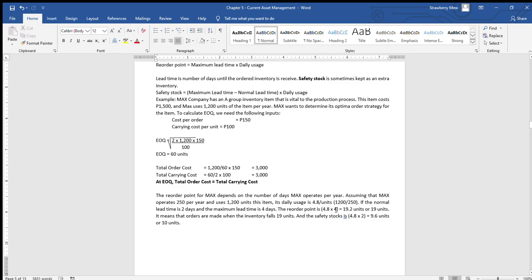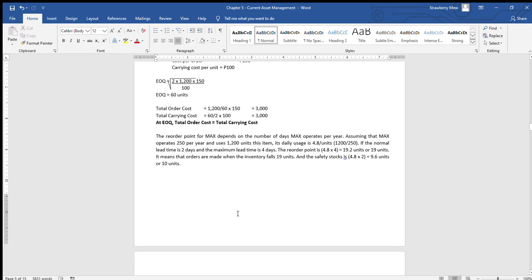So 4.8 na daily usage times 4 is 19.2 or 19 units ang order point natin. It means that every time na yung inventory natin is 19 units na lang, mag-order na tayo ng 60 units.